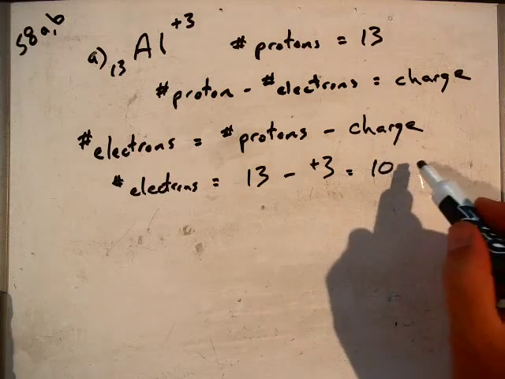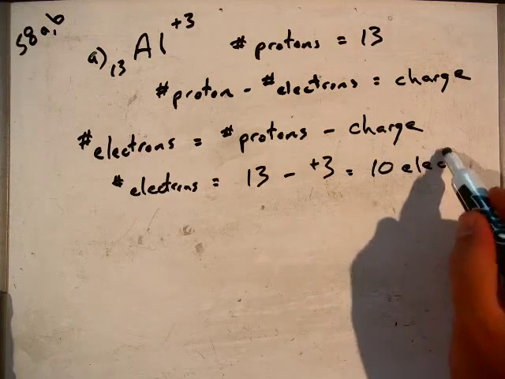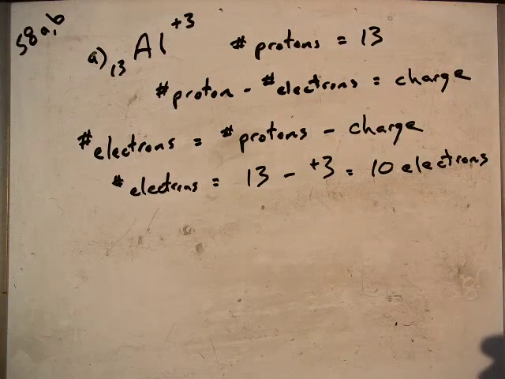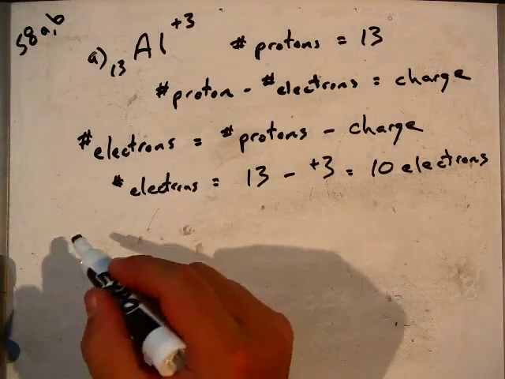And so aluminum plus 3 would have 10 electrons and 13 protons. It has 3 protons in excess, and so that's why the element has a positive 3 charge.